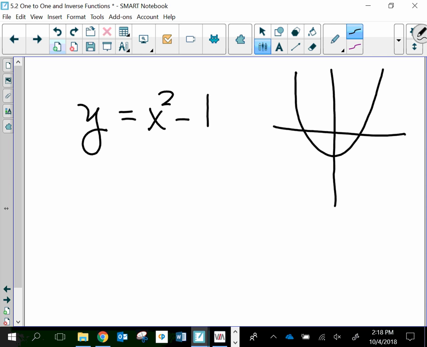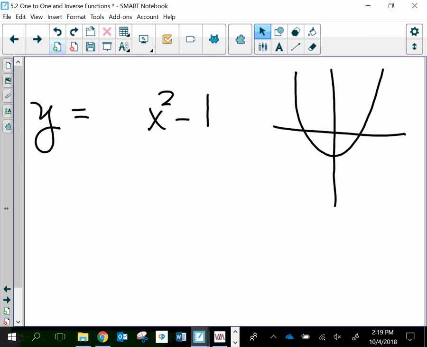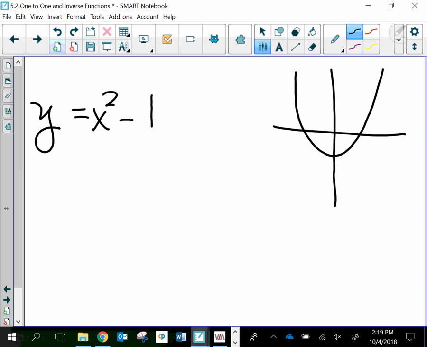So if they're saying, I want you to find the inverse, they're going to say this: x is greater than or equal to 0. So really we're just talking about not this part, but that half.